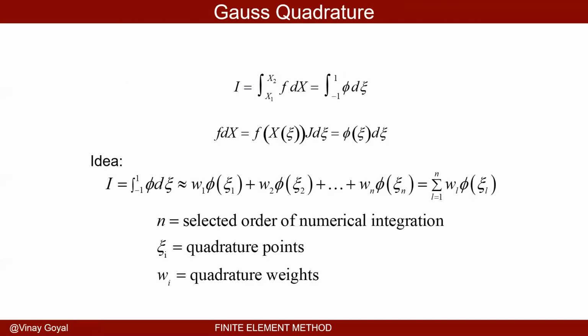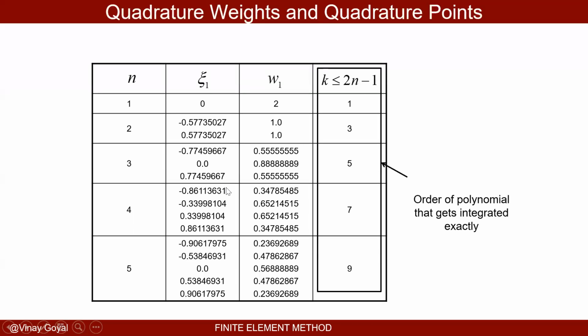So what does that table look like? Again, I'm looking at W1 here and where phi should be evaluated. So W1 and xi1 is what we're talking about here. For one quadrature point, xi is evaluated at 0, and the weight is 2. That can solve a linear polynomial.